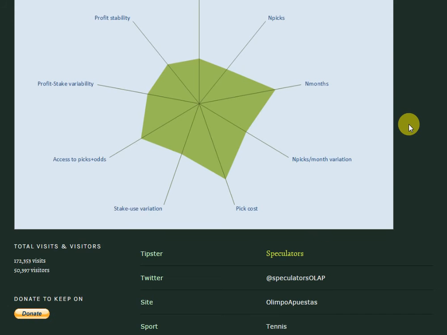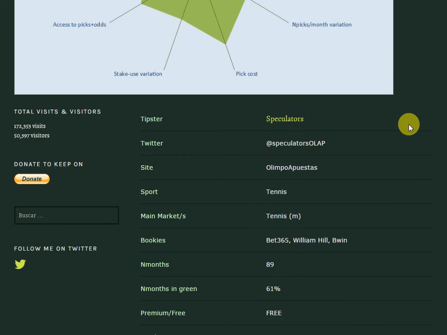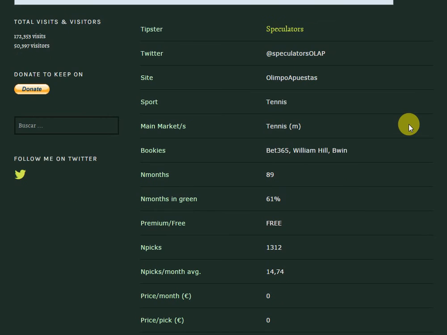But now let's take a more detailed look at his main features. So yeah, the name of the tipster is Speculators. The Twitter account is Speculators OLAP. This tipster is verified by Olimpo Apuestas.